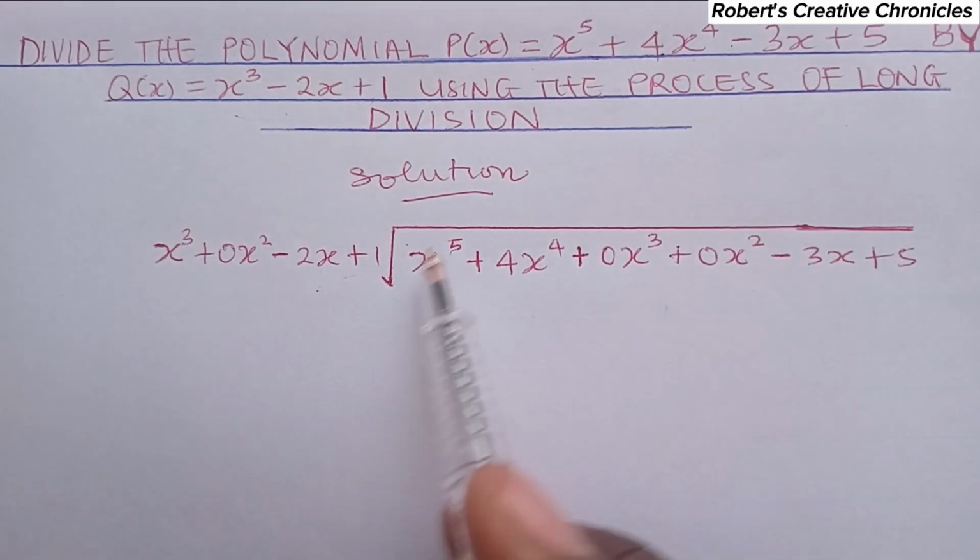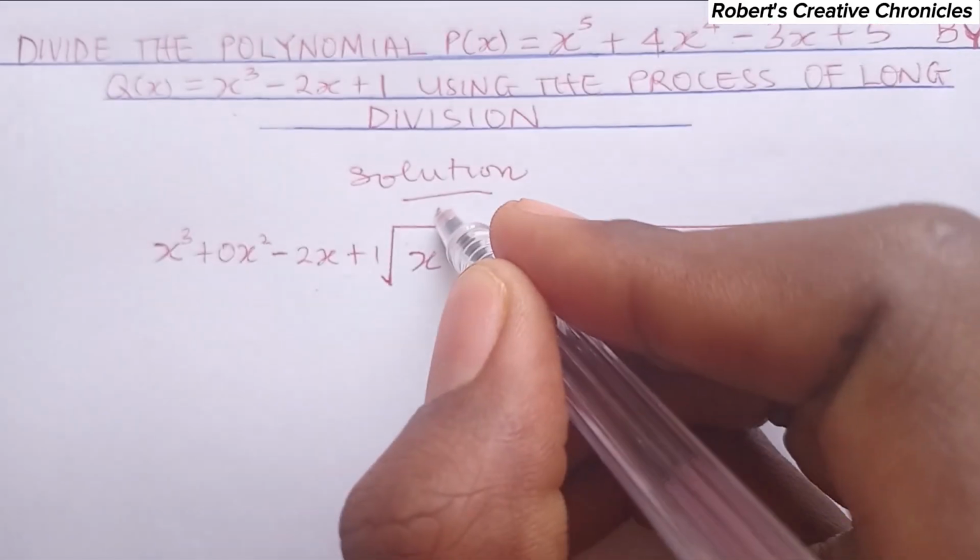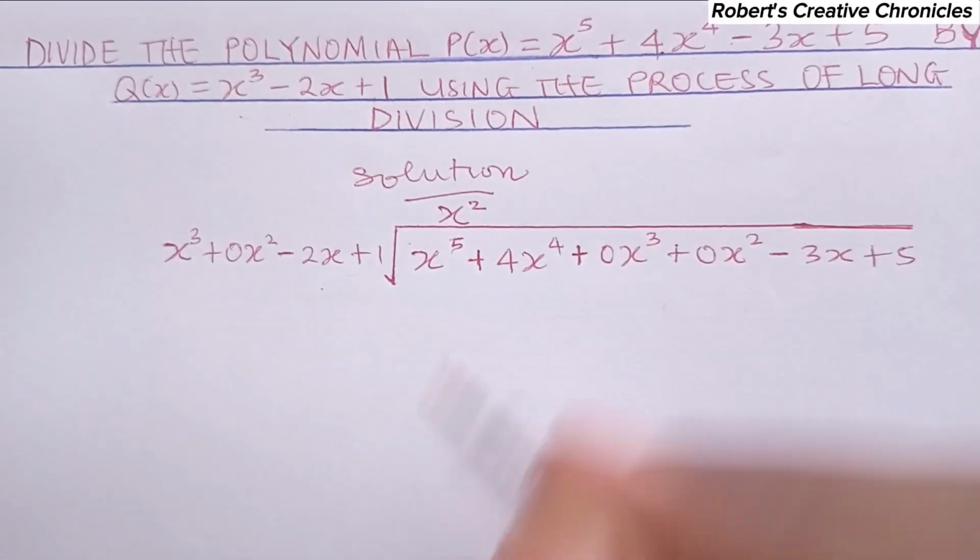So now we'll say this divided by this is what? x squared.